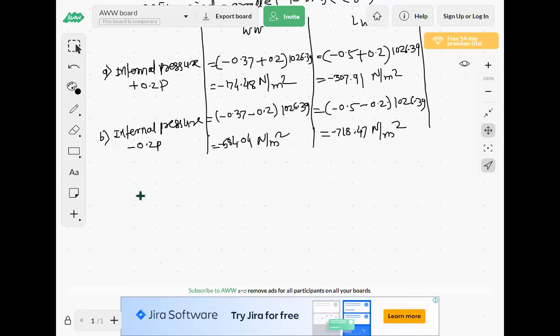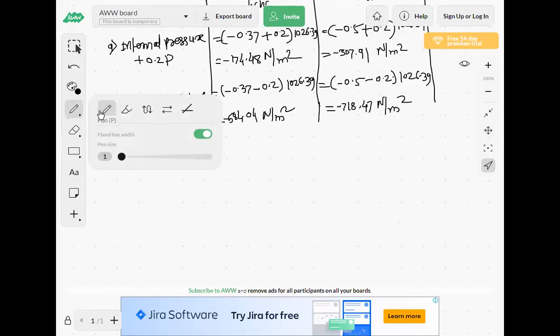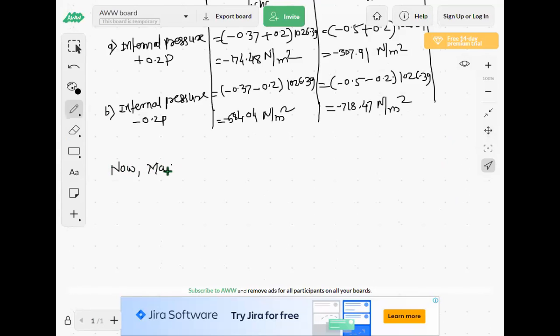So now maximum wind pressure for design. Maximum wind pressure for design. So we have to take positive and negative.